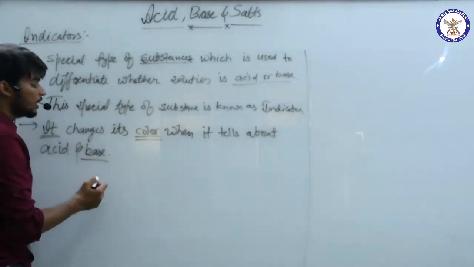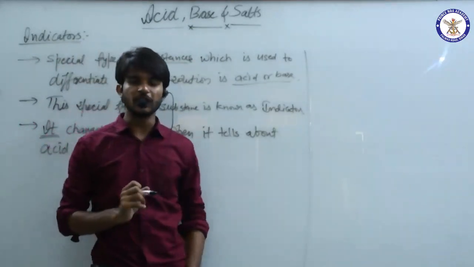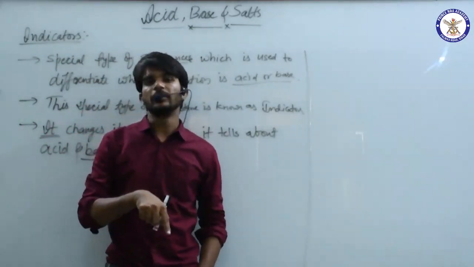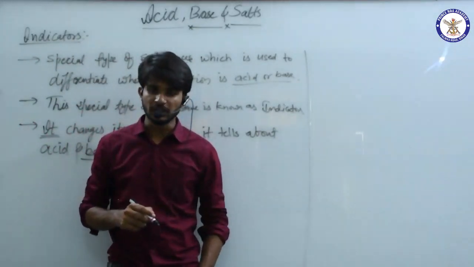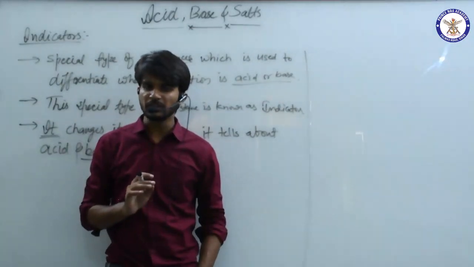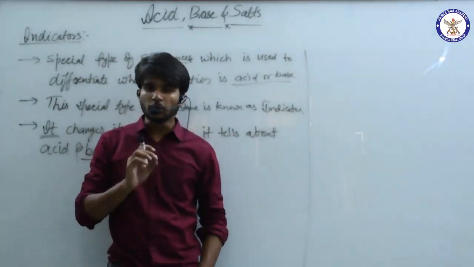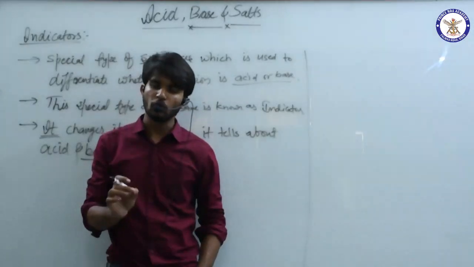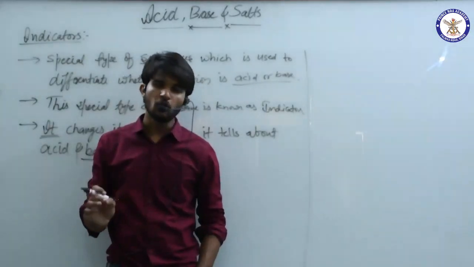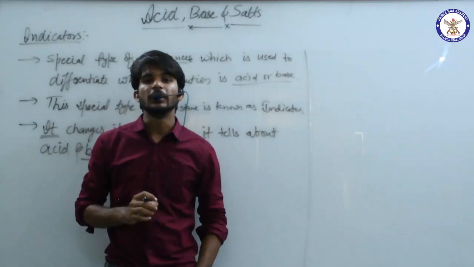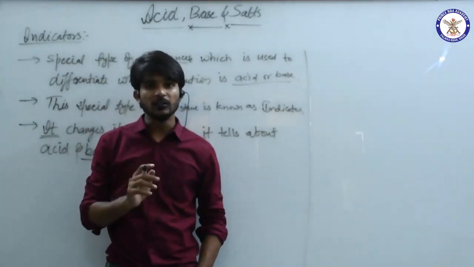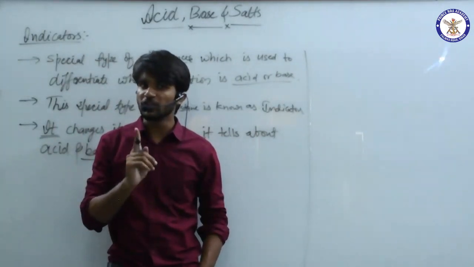What does it mean? It means if you are using indicators and you want to know whether it is acid or base, then the simple thing is that you have to put drops of the solution, acid or base, whatever you have, on that indicator, and it will change its color.